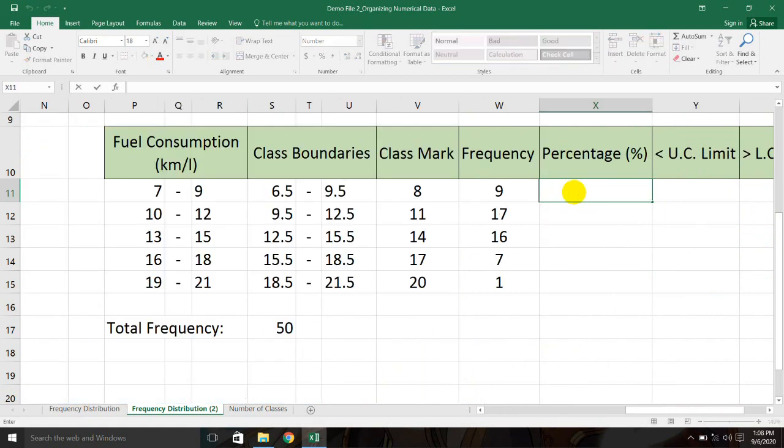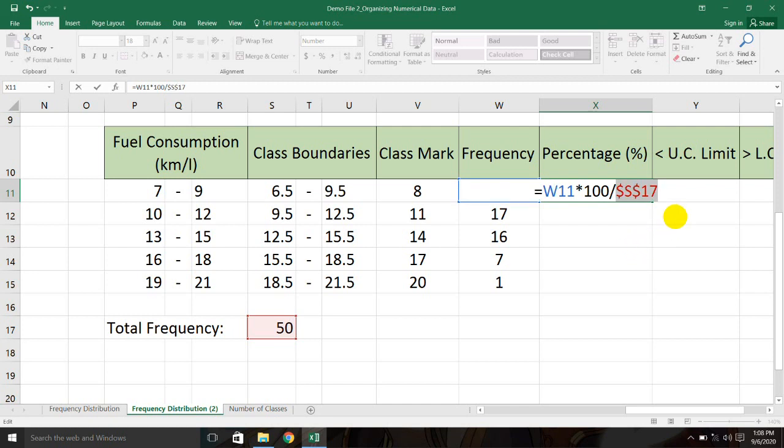For the percentage, this will be easy this time. We just need to multiply the frequency, which is 9 in this case, by 100, and then divide it by 50. Since I'm going to copy-paste the formula, I will use absolute reference by pressing F4 on the keyboard.